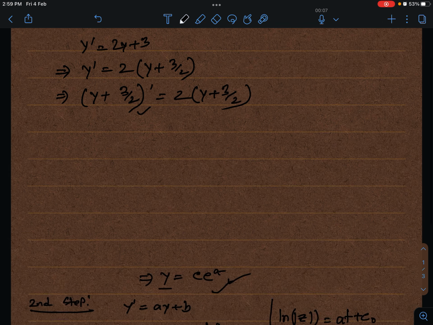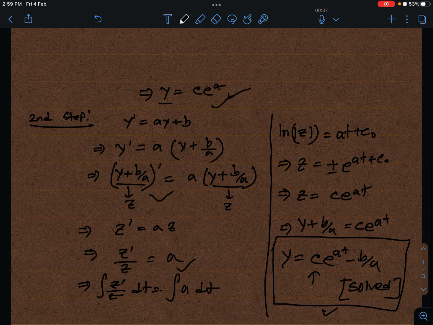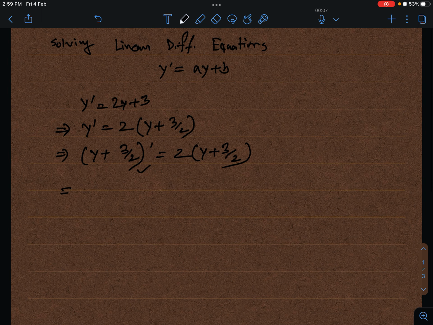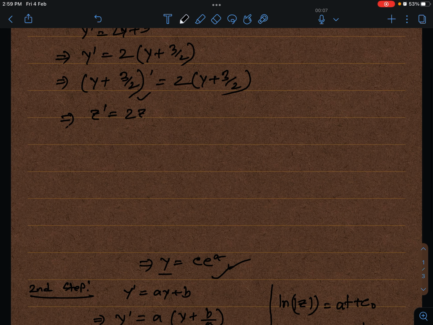We wrote this following this particular approach. Now let us say this is z, so z prime equals 2z. So we have z prime divided by z equals 2. So let's integrate both sides. So z prime divided by z equals the integration of 2.